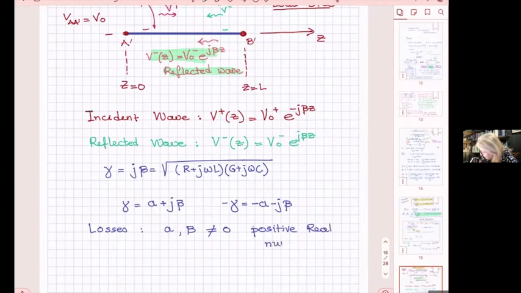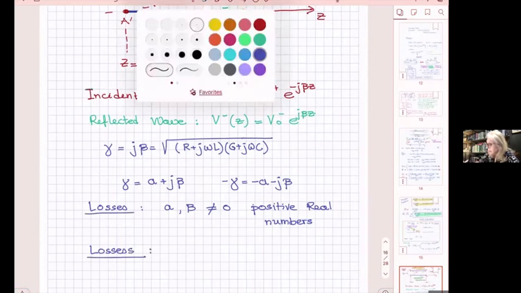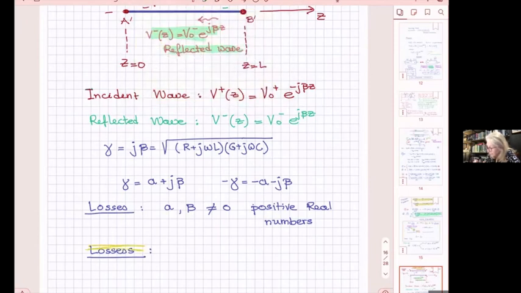All right, so in the case of lossless lines, and most of the time we're going to look at lossless lines, gamma becomes J beta.